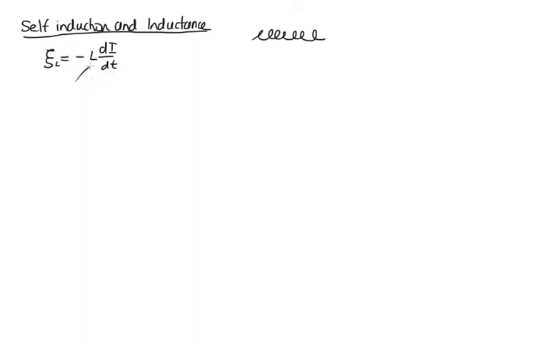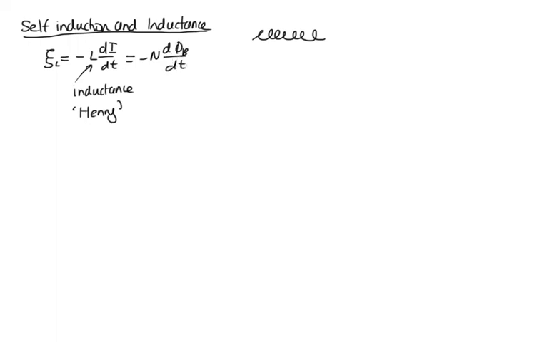So this L is actually our definition of what inductance is. And it's measured in units of the Henry, which is named after Joseph Henry, who actually discovered induction at about the same time as Michael Faraday. Now, we've seen that the induced EMF is equal to minus n d phi B dt.